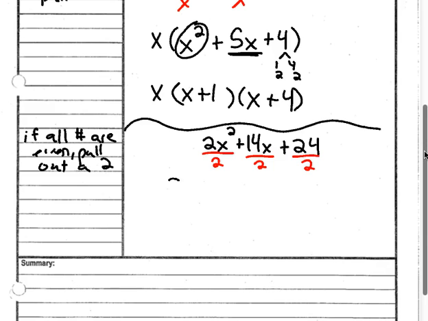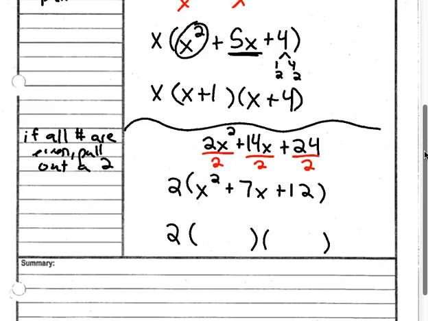All right, so this time I'm going to picture dividing every one of these by 2. I'm going to factor that 2 out, so that's going to leave me with x squared, 7x, and 12. And once you pull that 2 out, now the goal is going to be, can I break down that parenthesis even more?